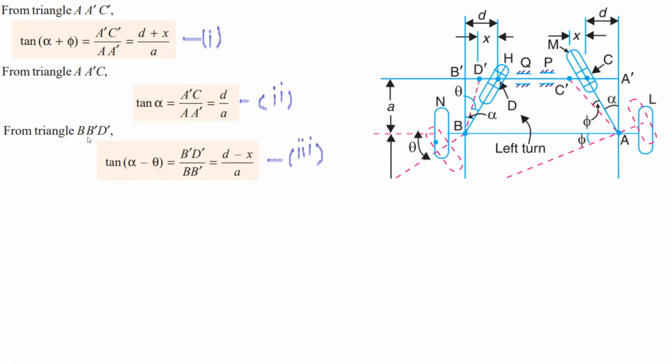From triangle B dash D dash, only this triangle, the angle will be, initially it was alpha but theta got subtracted from it, so this small angle will be alpha minus theta, tan of that is equal to B dash D dash upon B dash B. So B dash D dash is, from this geometry, D minus X upon A. Okay, got these three relations?